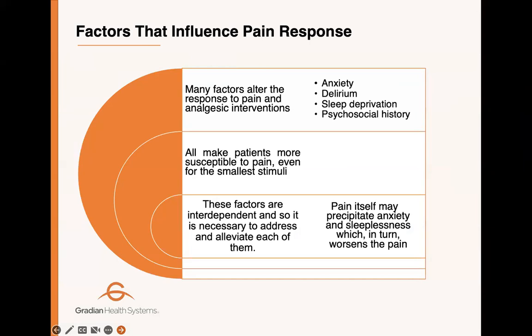We have agitation for other reasons, we have delirium for other reasons, but we don't have to forget the concept of pain in critically ill patients, because we all know it is difficult because of the reasons I've mentioned before.